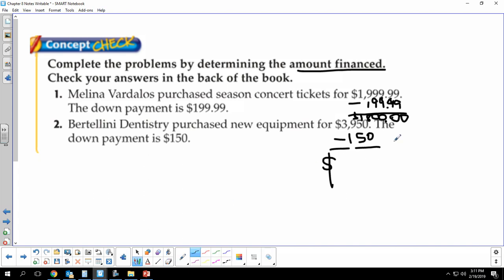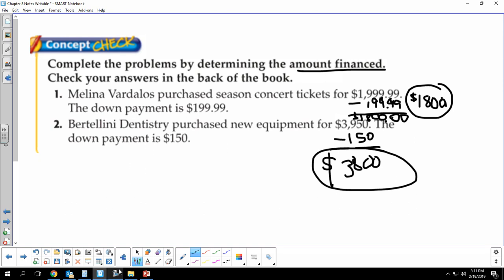Let's work backwards. 0, 0, 8, 3. $3,800. So I get $1,800. Let me write that better. And $1,300. Okay.